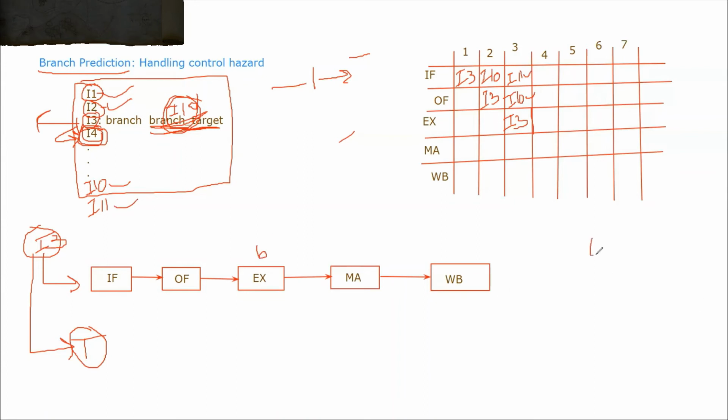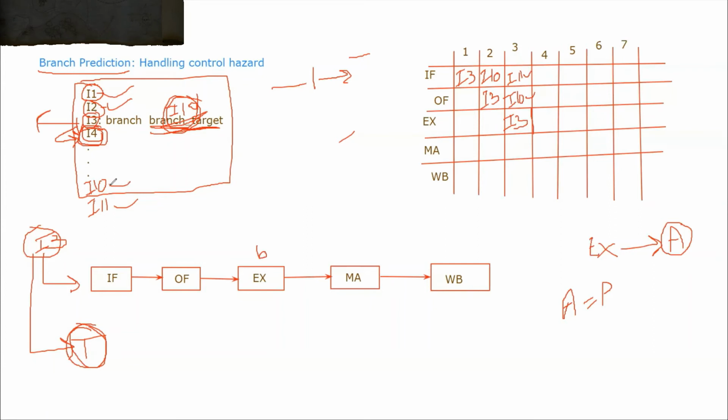So in the execute stage I will have the actual outcome, and let's denote the actual outcome by A. Now if my actual outcome is equal to my prediction, and my prediction was that the branch is taken, then the actual outcome is also branch taken.